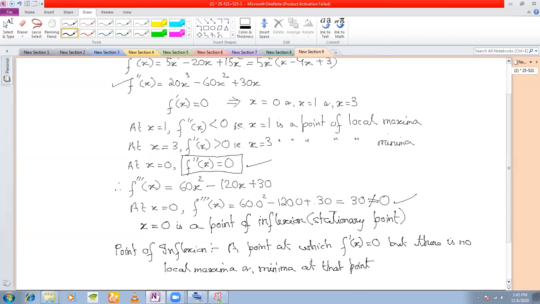Understood? That is, although we have f dash x equal to 0 at that point, still there is no maxima or minima at that point. That means x equal to 0 is called a point of inflection, or sometimes called a stationary point also.